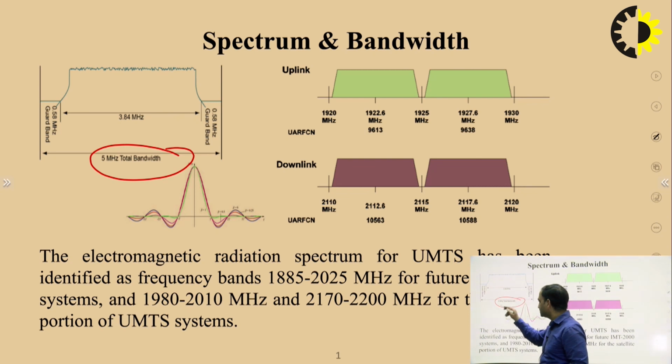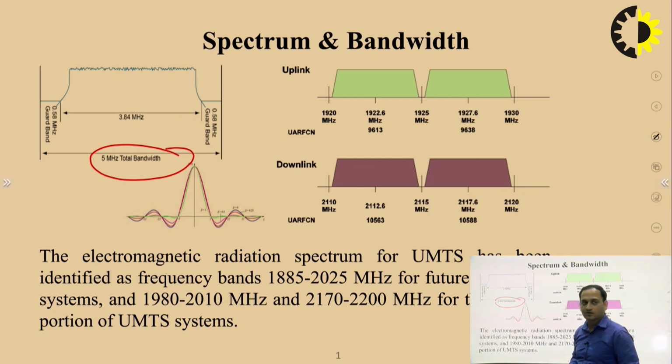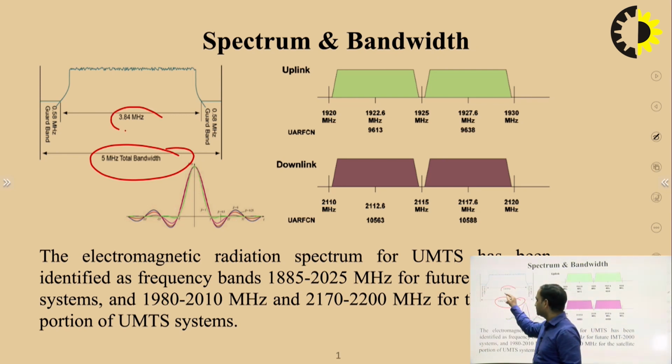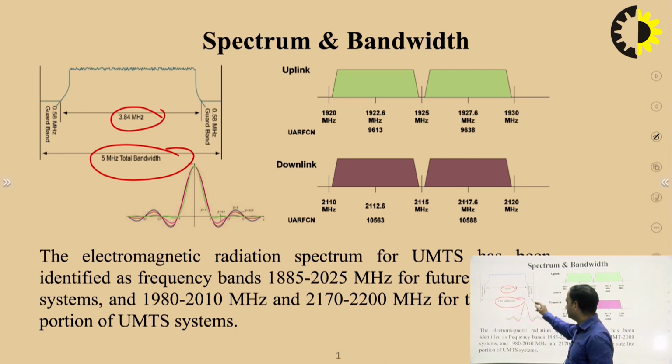In UMTS, 5 megahertz of total band is used. One frequency band is used, and the usable frequency is 3.84 megahertz, and at the sides are the guard bands, right? This represents the Fourier transform of the spectrum, in which these are the null points at which there is zero ISI, right?